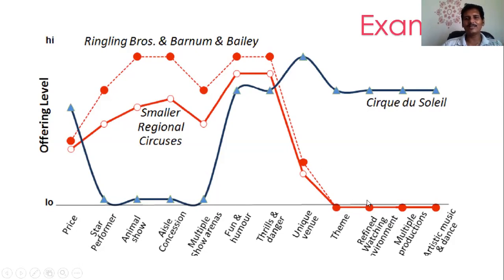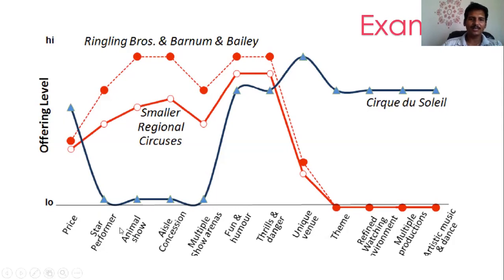Now, what Cirque du Soleil did is they identified what was lacking in this. So they completely reframed this idea. They came out with a new idea. They didn't target the normal audience, rather they targeted big industries where they have trade shows as part of companies. So they targeted a totally different customer.